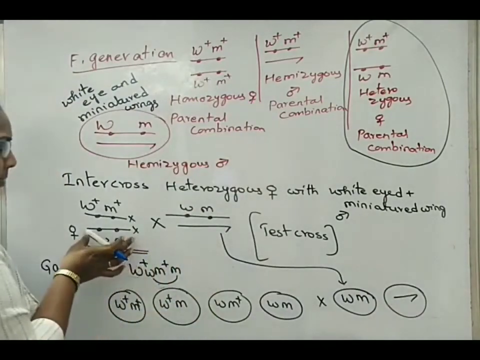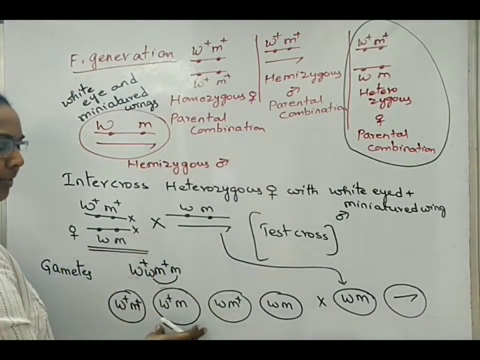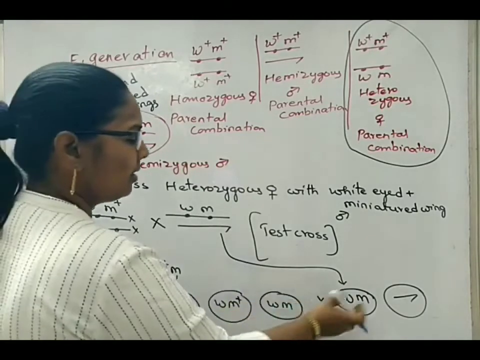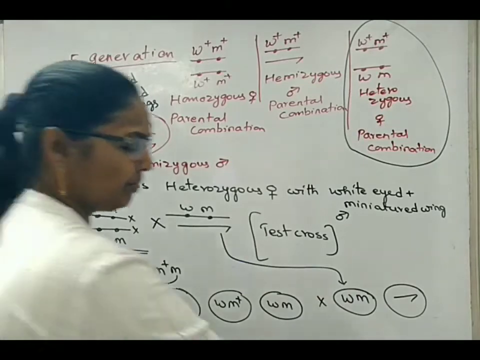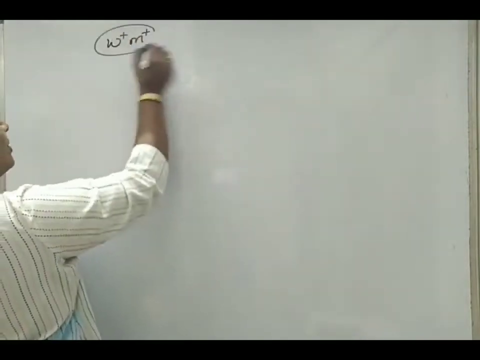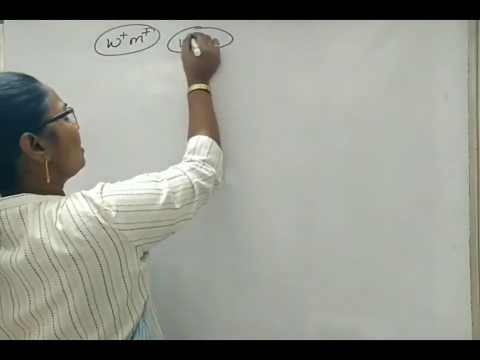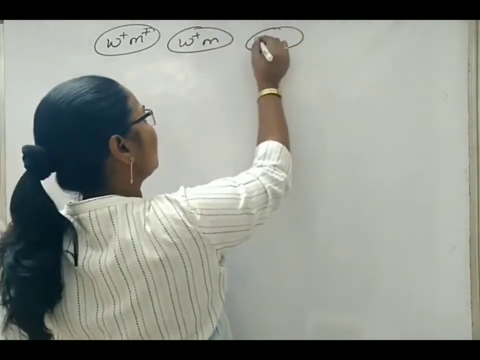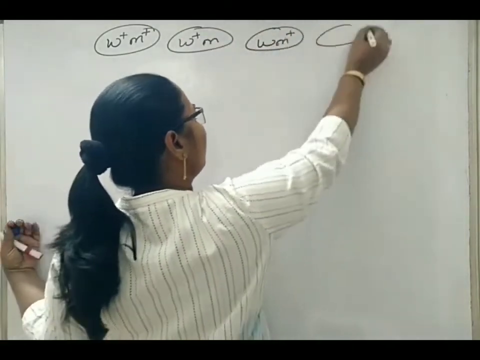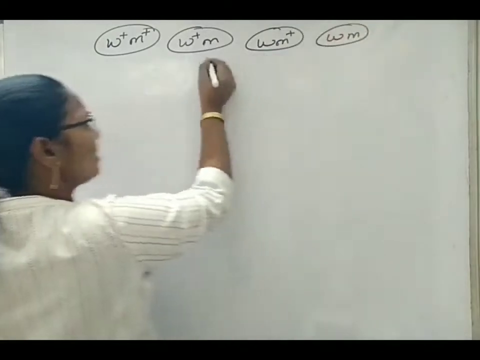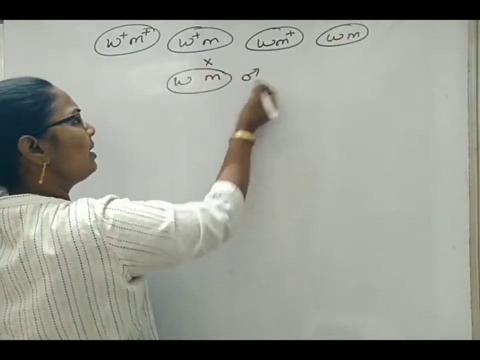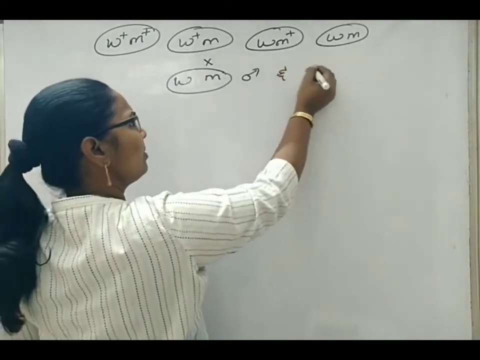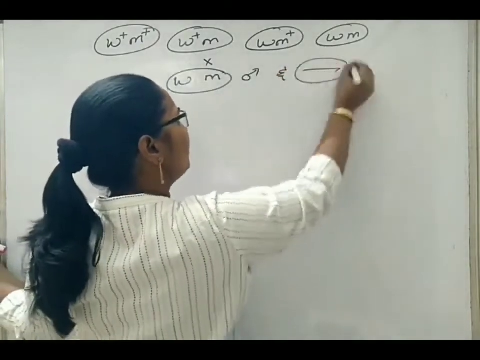Now we have got from the heterozygous female 4 different types of gametes. And here obviously it will be only 2 types of gametes. The gametes like this, one type, that is another type, that is the third type, and the fourth one purely recessive, which is crossed with one type of gamete from the male and a Y chromosome from the male.